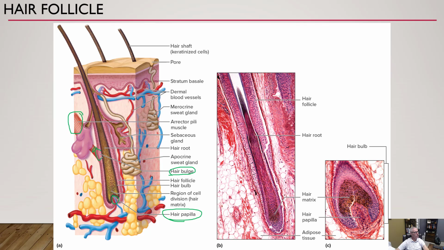If you get burned and this area survives the burn, then you can see new growth of hair follicles. If that area is injured, then the chances of you regrowing hair become less and less.